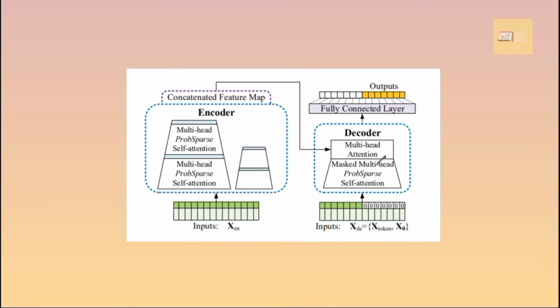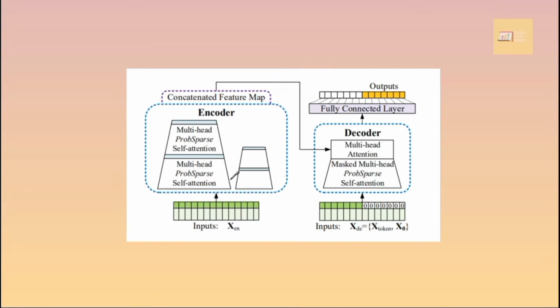Okay, so this is the complete architecture of Informer. Like I just mentioned earlier, Informer is a transformer-based model, so it has the same basic architecture, that is the encoder-decoder architecture. Inside the encoder and decoder is a self-attention mechanism.